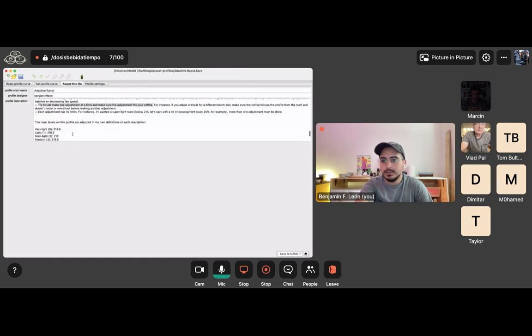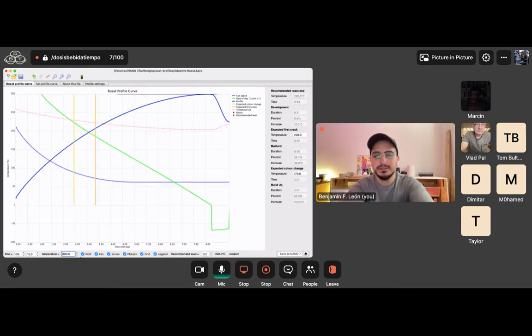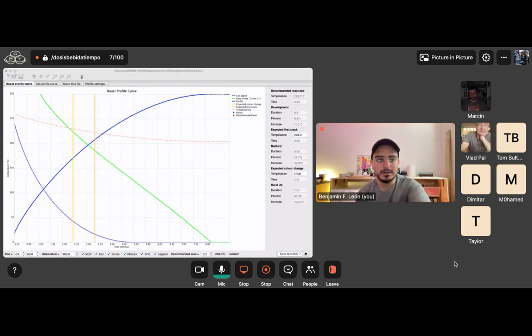And lastly, each adjustment has its limits. While this profile is meant to be edited, if, for example, you want to have, let's say, a 270, like a 300 end temperature, you could do that in theory, but that coffee would probably be terrible, and you'll have scorching from the very start of first crack.